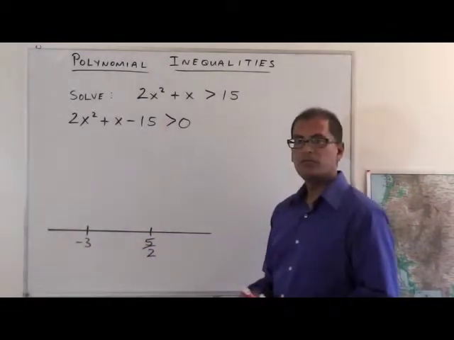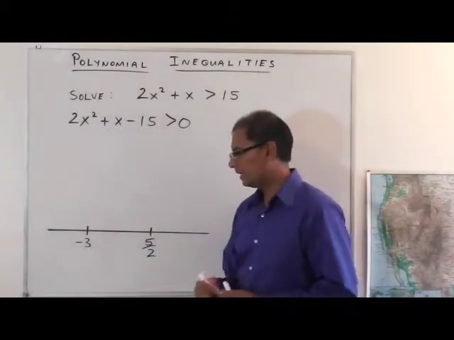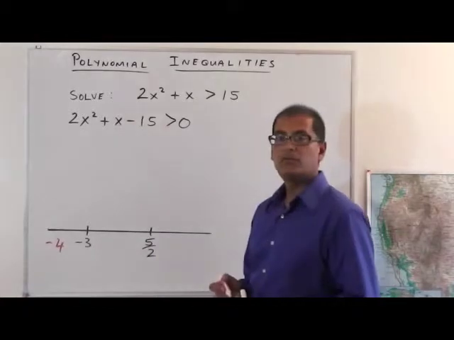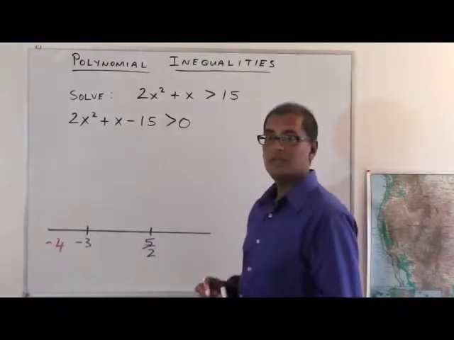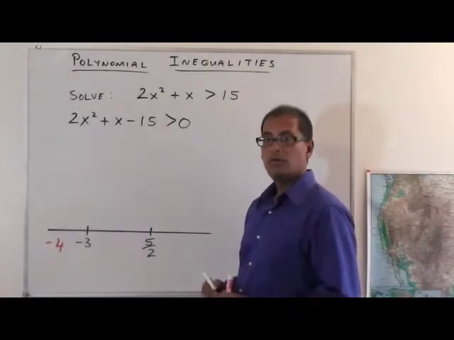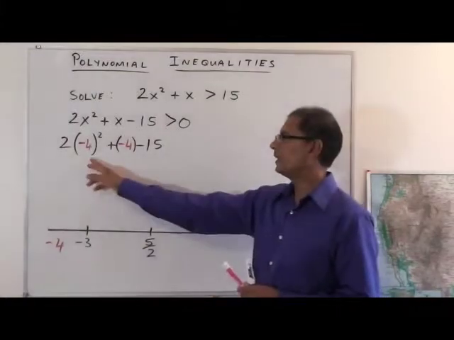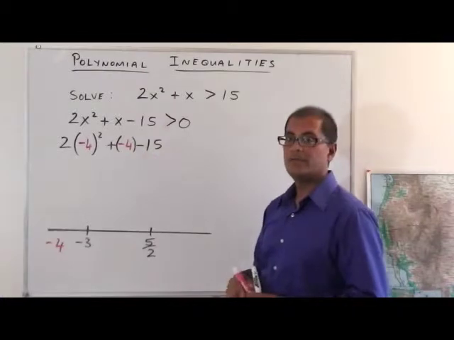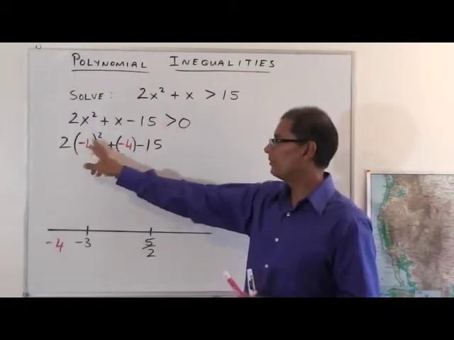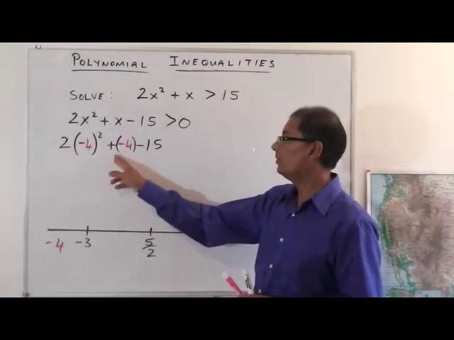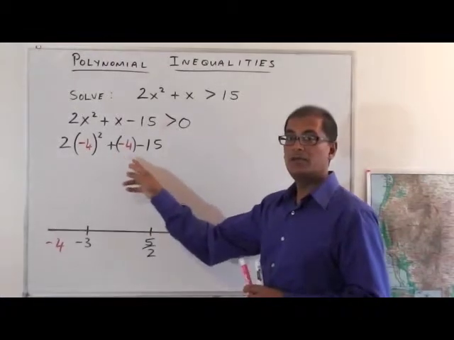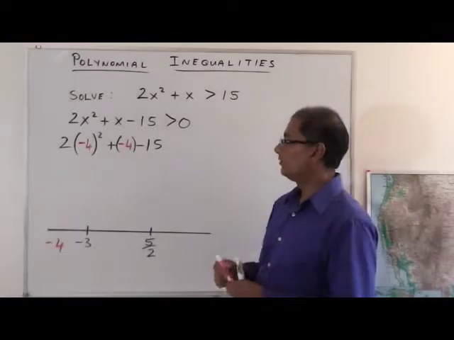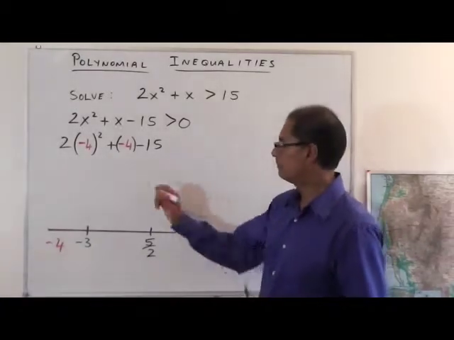So let's do that. Firstly, if I pick a number less than negative 3, let's say we pick negative 4. We're going to test it in this inequality. In other words, we're going to have 2 times negative 4 squared plus negative 4 minus 15. So we have to evaluate this. If we evaluate this, we get 2 times 16 is 32, minus 4 is 28, minus 15 is 13, and so you want to know, is that greater than 0?